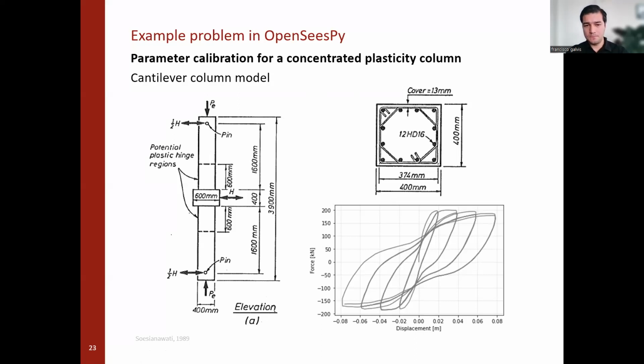This is a series of tests that use the double cantilever column experimental setup, where the concept is that you have an element that looks like the image on the left, then has a block in the middle that's anchored to a wall or a strong base or slab, and then you have 2 symmetric columns on each side that at the end are connected to a couple of actuators on each side.